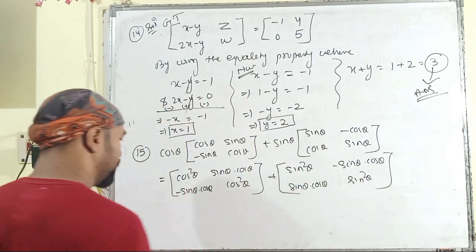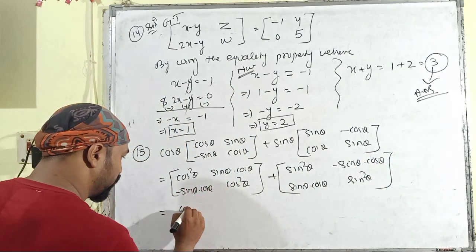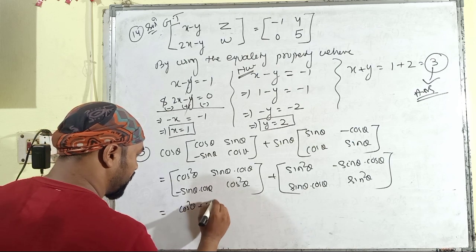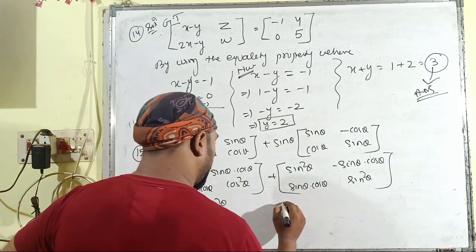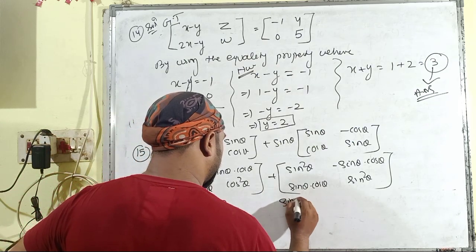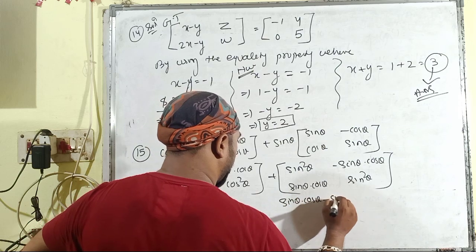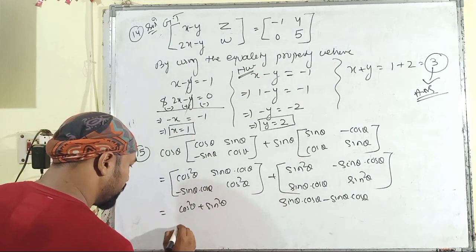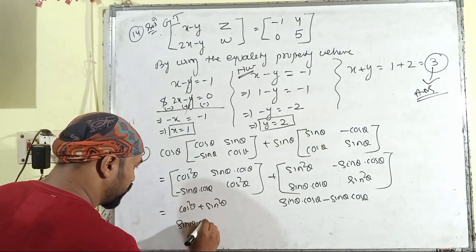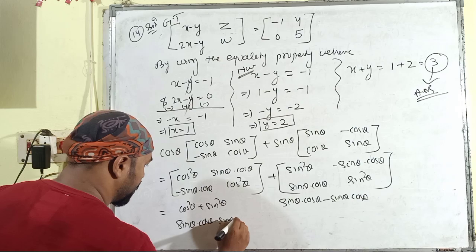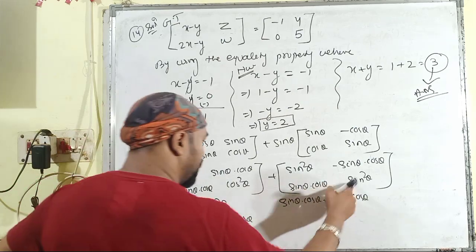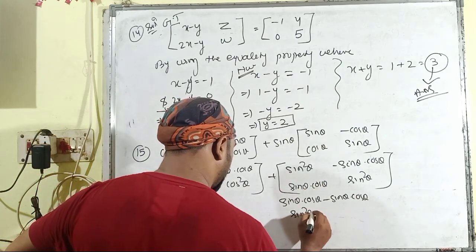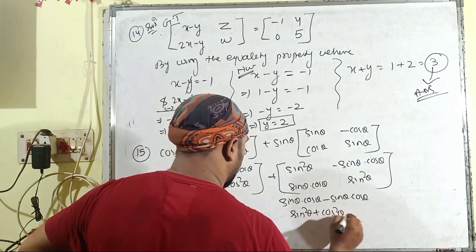Just adding, we have cos square theta plus sin square theta, then it will be sin theta into cos theta minus sin theta into cos theta, then it is sin theta into cos theta minus sin theta into cos theta, then it is sin square theta plus cos square theta.